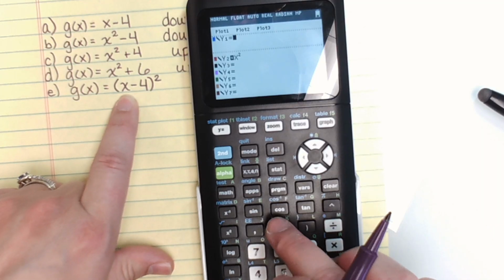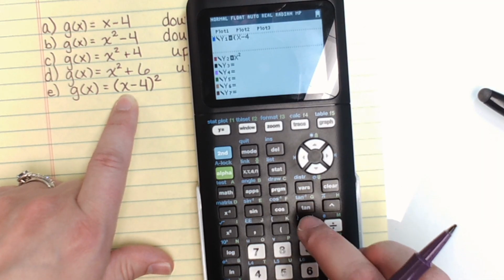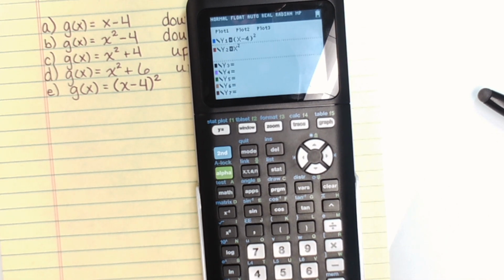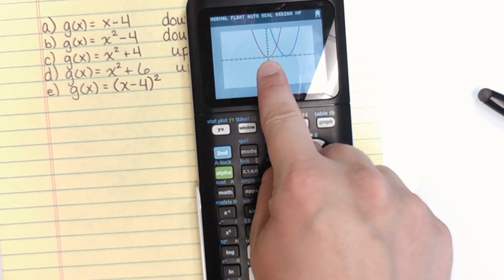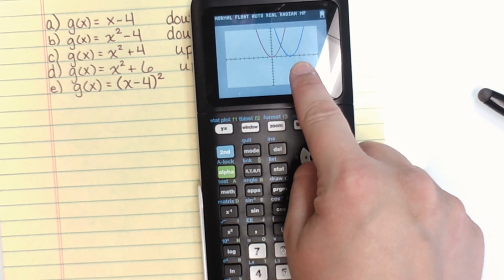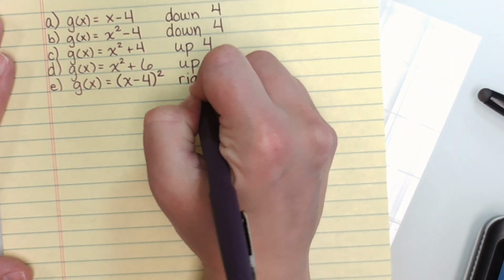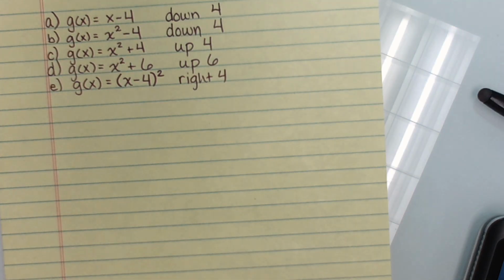So this time, parenthesis, x minus 4, close parenthesis before I put the squared. 0, 0 is the original, so how did it change? It moved to the right 4. You have to click the enter after you write the equation in.